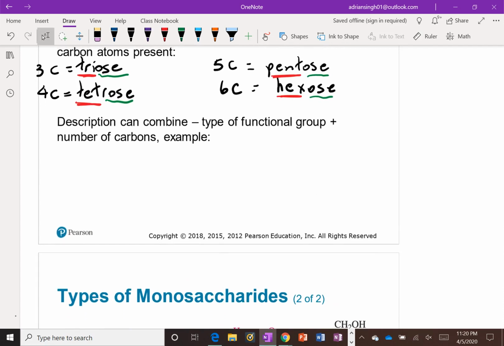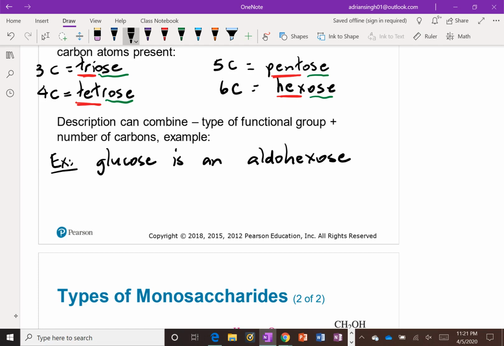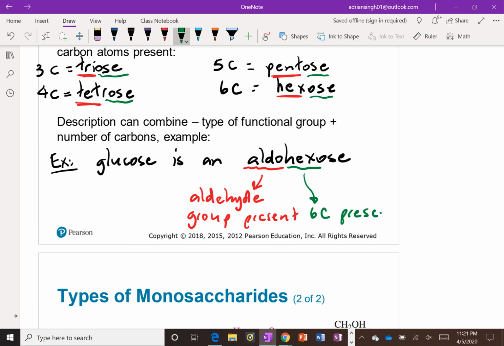For example, if we say that glucose is an aldohexose, what this tells us is that it contains an aldehyde group, and the hex tells us that there are 6 carbons present in glucose, and then the OSE tells us that this is a sugar.